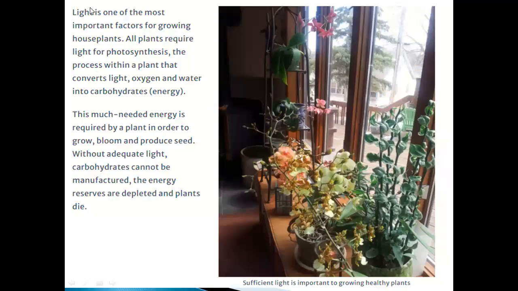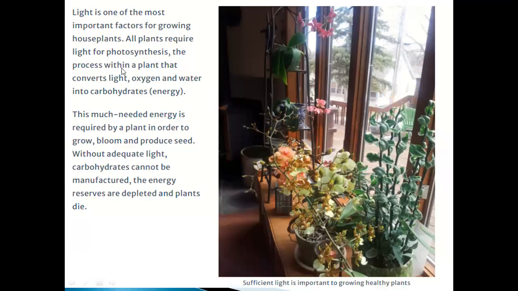First question: light is one of the most important factors for growing house plants or any plant. All plants require light for photosynthesis. So why is light required for a plant? For the process of photosynthesis, the food-making process.